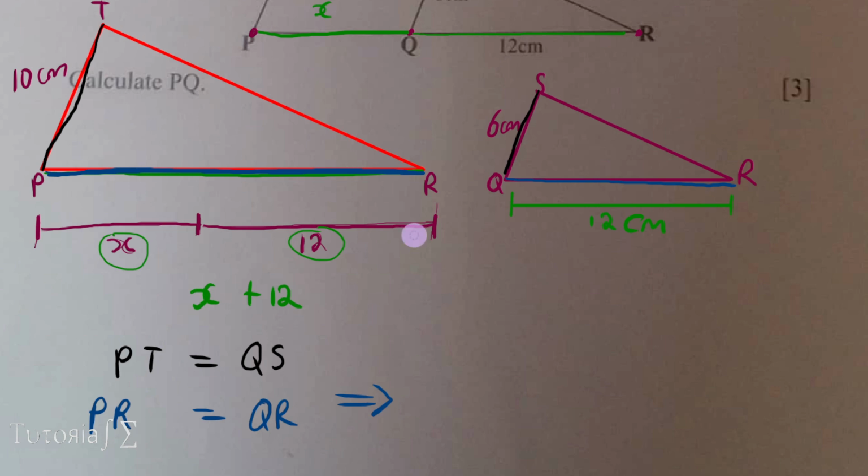So PT is 10, so we'll say 10 is equal to QS, which is 6, and PR, which is from there to there, is X plus 12. Let me use the green color for differentiating. So PR, which is this length here, is X plus 12, which is equal to QR, which is here, which is equal to 12.